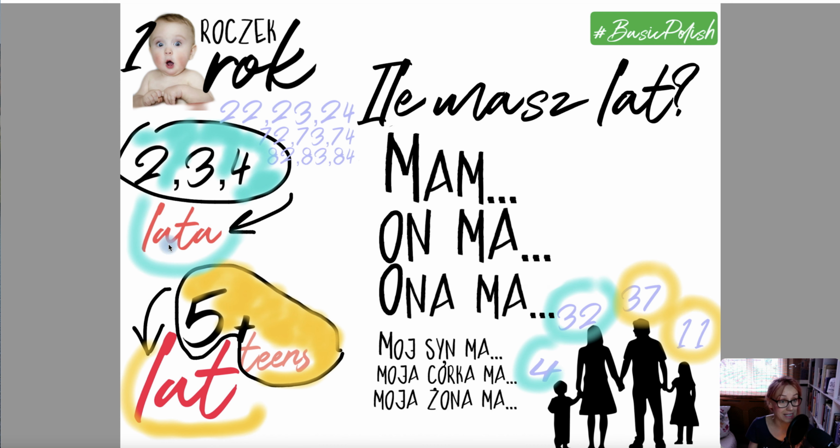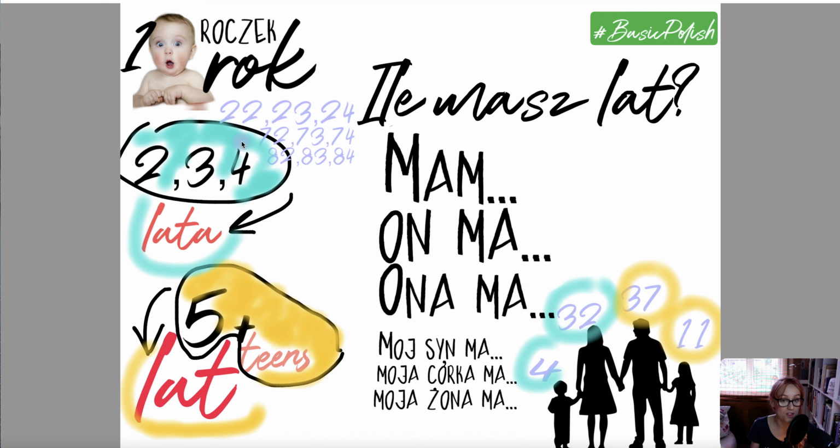So if I wanted to say I'm 22, I would say mam, that's a version of I am a particular number of years old. So mam 22 lata. Because I'm saying dwa, I have to use lata, okay?